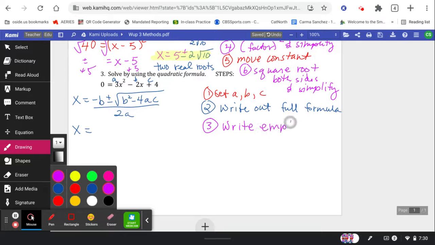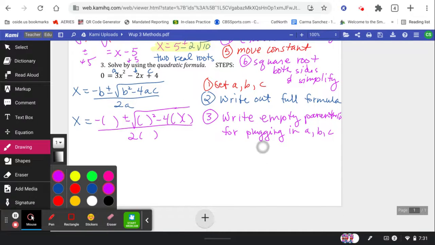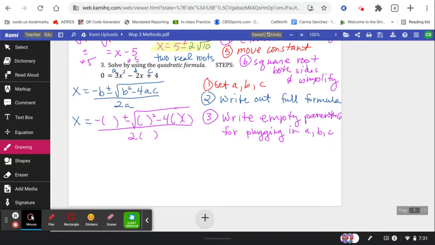Now we write out the empty parentheses to get it ready to plug in A, B, and C. All right, try it.